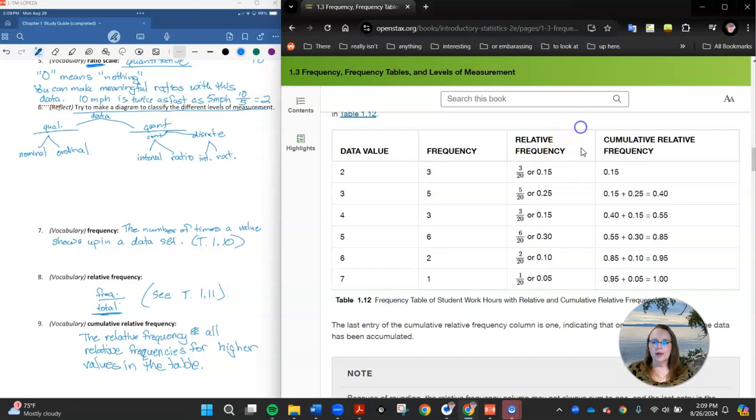So we are saying that 15% of the data values were 2 or below, right? That's the lowest value that we've got. So in that first cumulative relative frequency, you're going to copy exactly what was in the relative frequency value. When you move on to the next one, you're going to do the one before it plus the one it is and get a total.